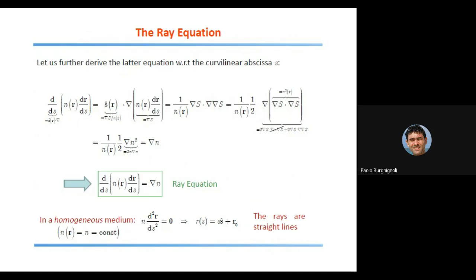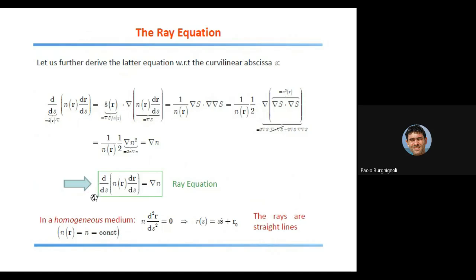So you can see that this position vector must be equal to a constant r sub 0 plus a linear function of S, which can be written, of course, as S times this unit vector S hat. So basically, the rays in a uniform medium must be straight lines. So light propagates straight in a uniform medium, which is something very well known.